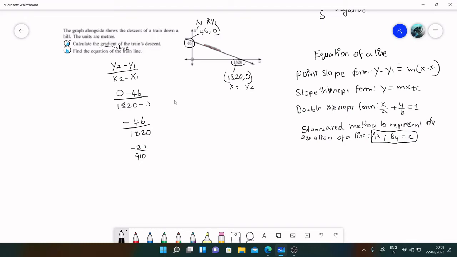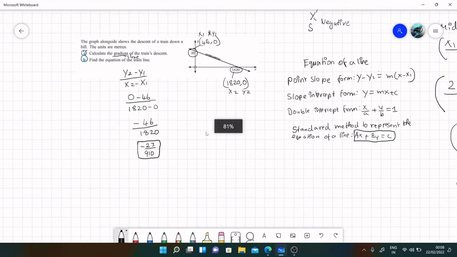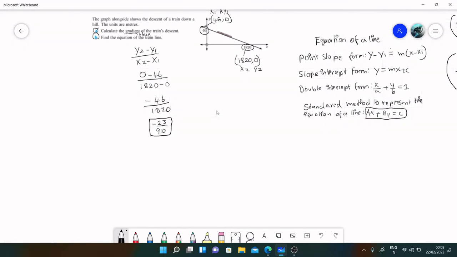So we want to keep this value as a fraction, to avoid rounding errors. It's better to have a more precise value.